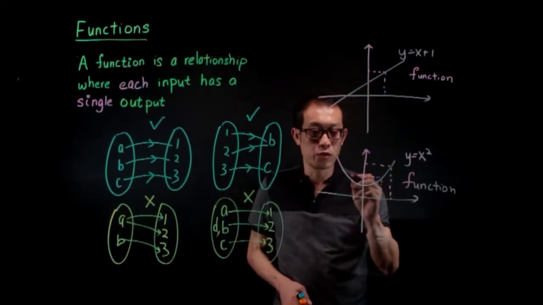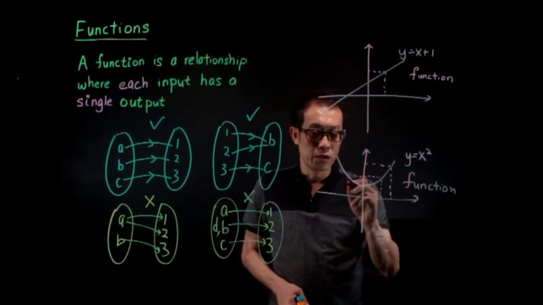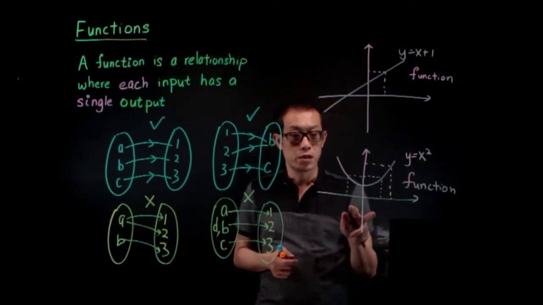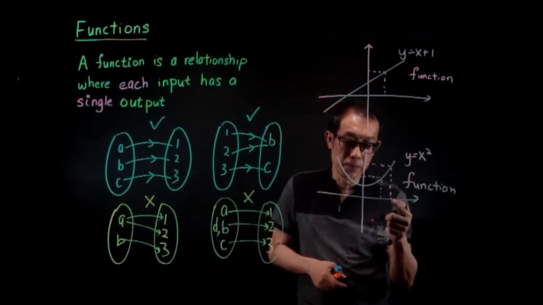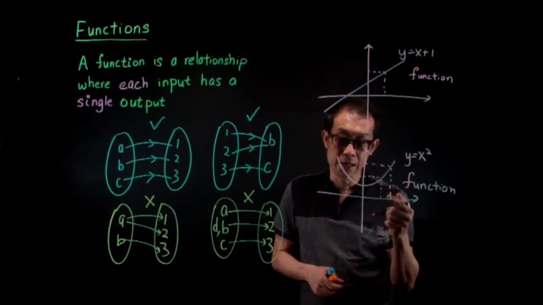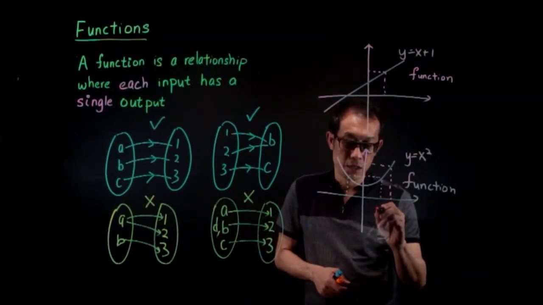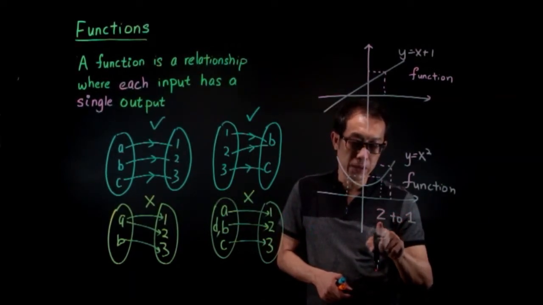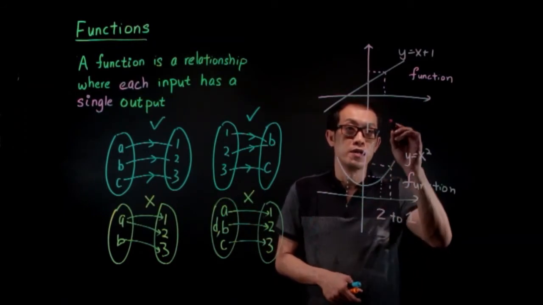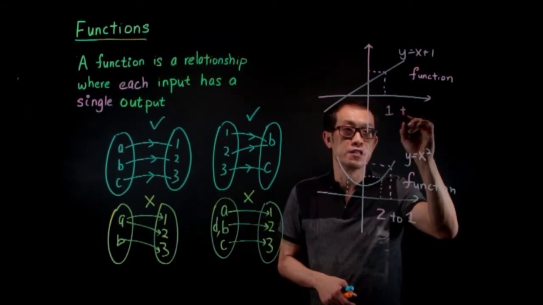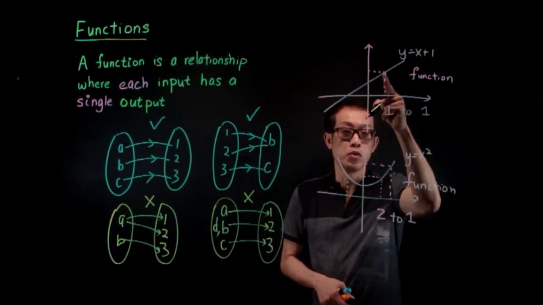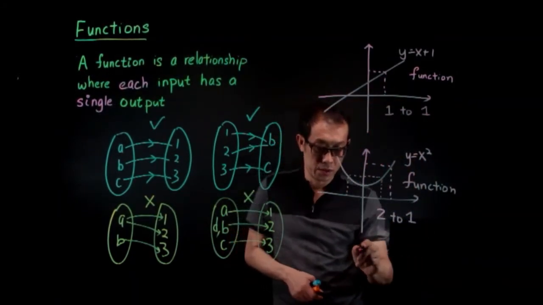Although over here you find that two inputs can have the same output. So this is a 2-to-1 function, two inputs to one output. This is a 1-to-1 function. One input, one output.